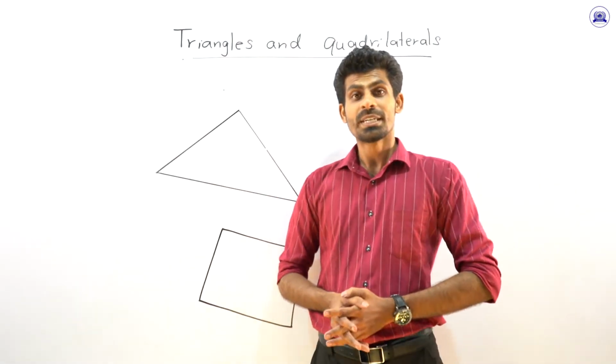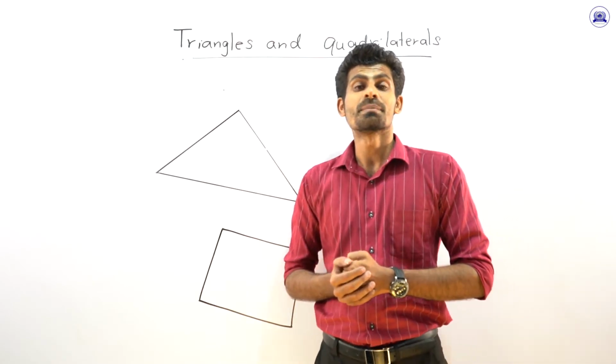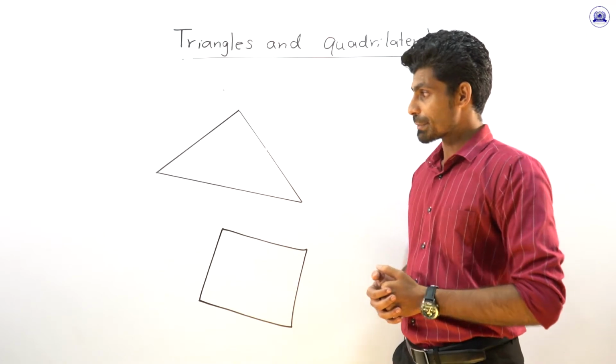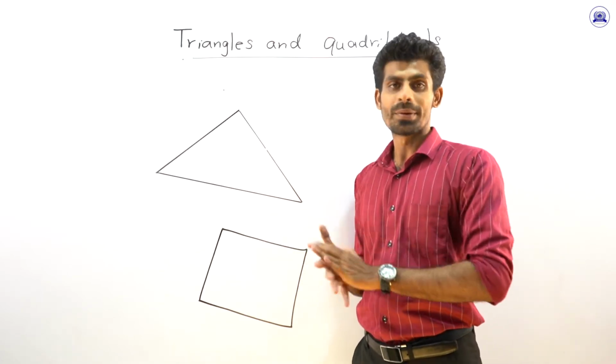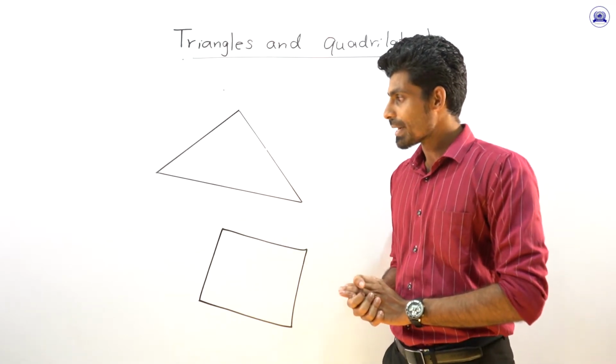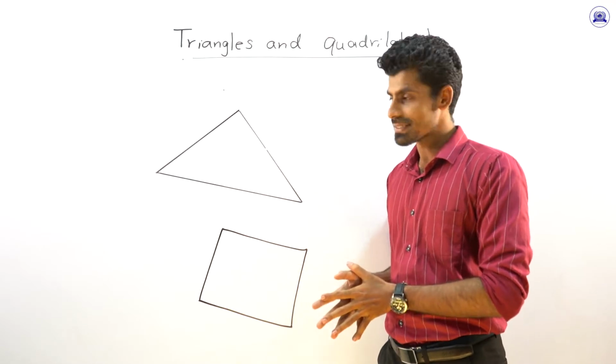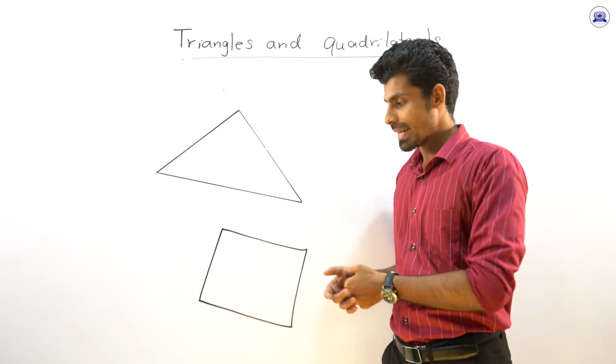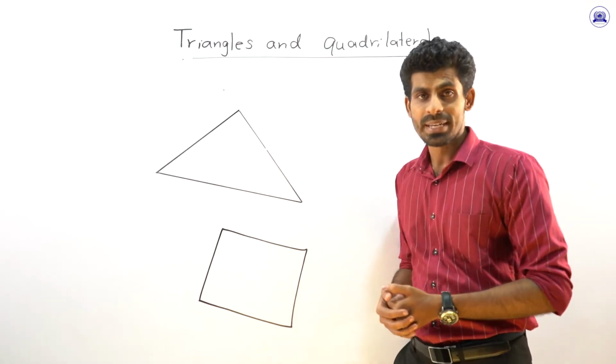Hello my dear students. We are going to learn lesson number 12, triangles and quadrilaterals, right? I have already drawn those figures on the whiteboard. What is this one? Triangle. And what is this one? Quadrilateral, right?